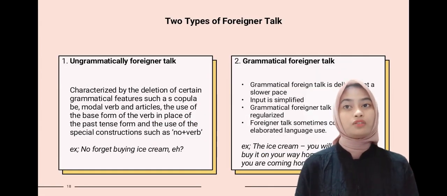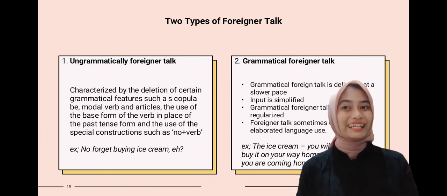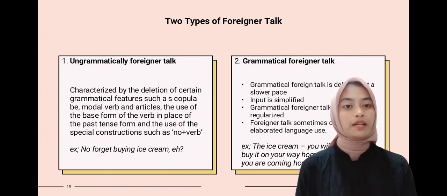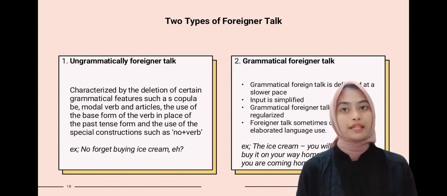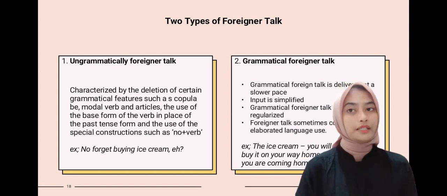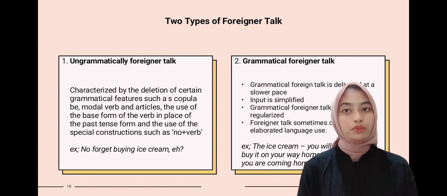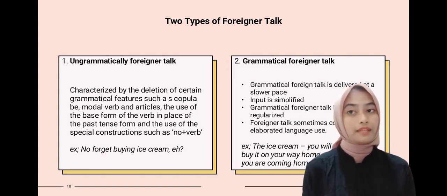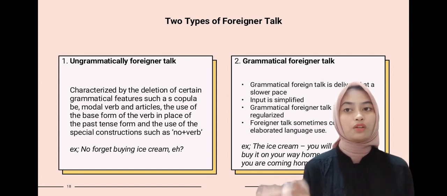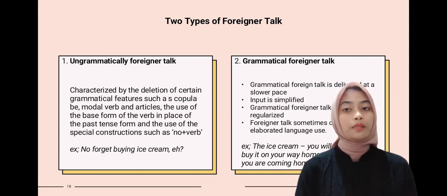Two types of foreigner talk. First is ungrammatical foreigner talk, characterized by the deletion of certain grammatical features such as copula be, modal verbs, and articles, the use of the base form of the verb in place of the past tense form, and the use of special constructions such as no plus verb.